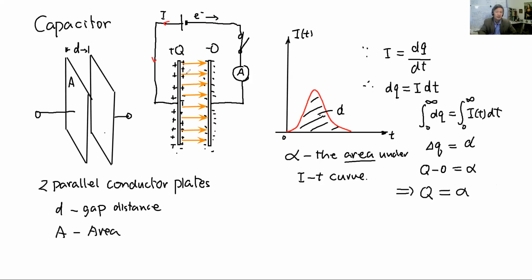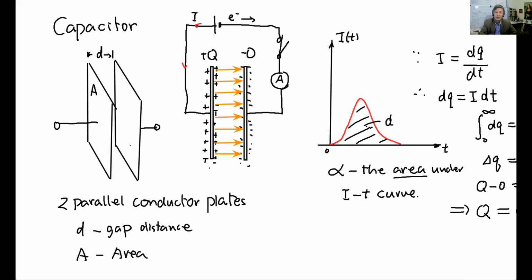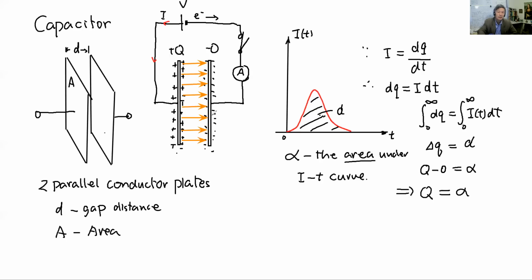If this voltage is V, the potential difference across the plates is V plus minus V minus, which is just equal to V, the voltage.